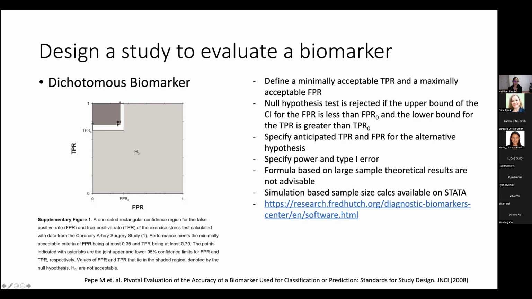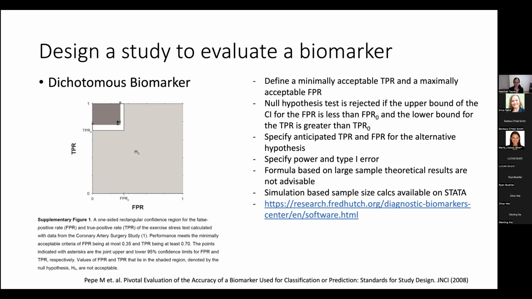The sample size calculation is based on rejecting the null hypothesis based on a confidence interval for your estimate. And so you then need to specify your anticipated true positive rate and false positive rate. You can then get a confidence interval, and if your confidence interval is outside of this null hypothesis region, then you can reject the null hypothesis.